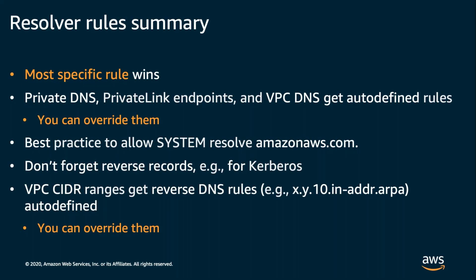Don't forget reverse records. There are some applications like Kerberos and others where they need to be able to find a domain name for a given IP address. And we help out there with the VPC CIDR ranges getting reverse DNS rules automatically. But then again, you can override those if need be.